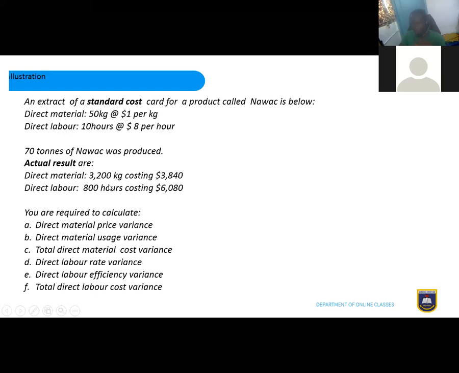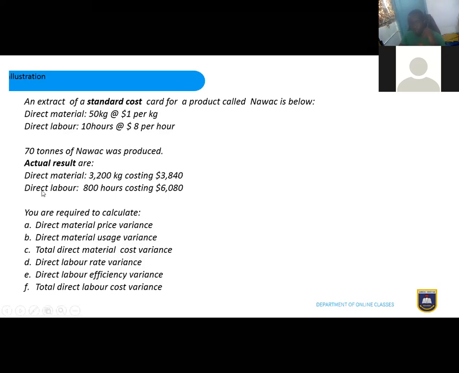But when we move on to the second part, which is the actual result, they gave us the total kilograms that was produced and the total cost involved. So this is the total cost, while this is the cost per unit.